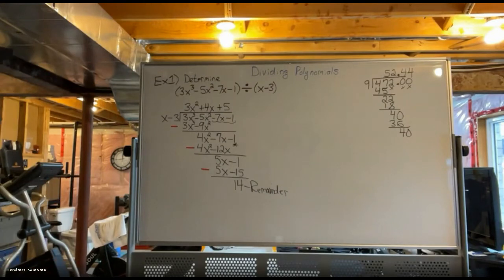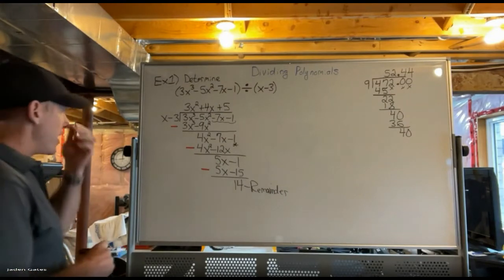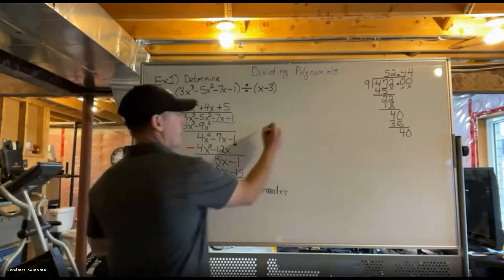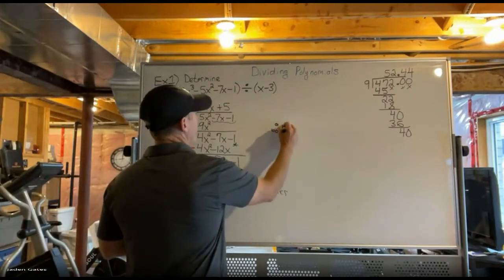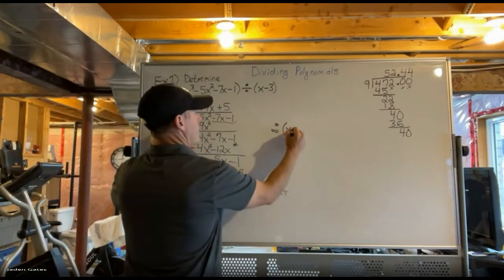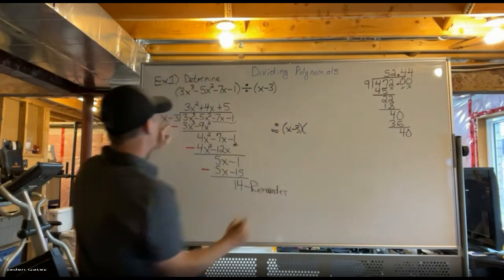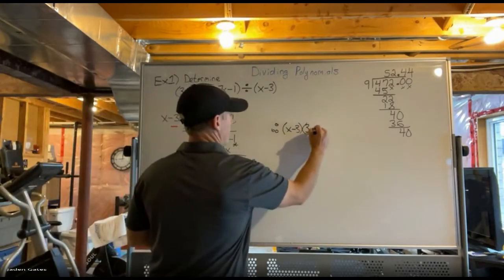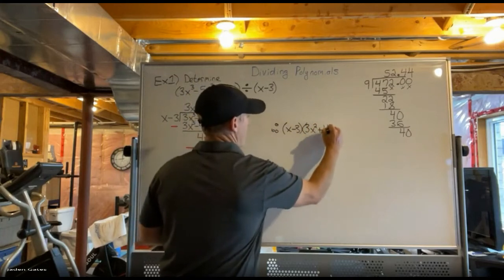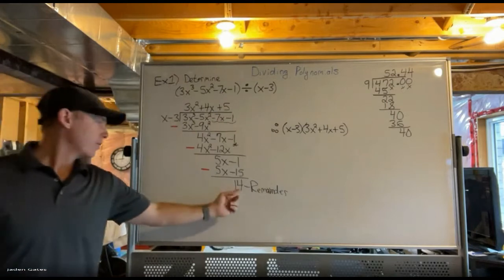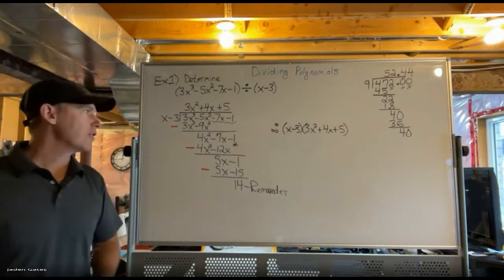And so the answer to the question now is, determine what you get when you take 3x cubed minus 5x squared minus 7x minus 1 divided by x minus 3. Well, this is what you end up with. You have your x minus 3, times our polynomial on the top. And then, oh, by the way, we have this leftover remainder.